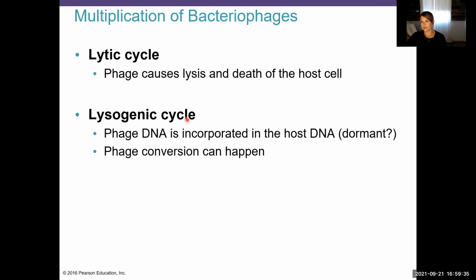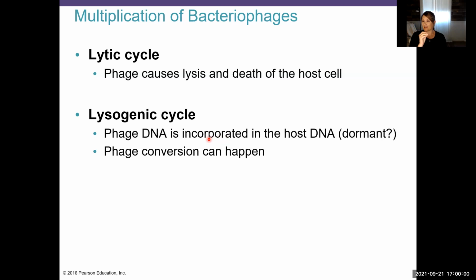The lysogenic cycle is a little bit slower, because the phage DNA doesn't just get in there, make more of itself and get out. It actually will incorporate into the host chromosome. So it doesn't replicate, it will hide. It will just incorporate, recombine into the host DNA.